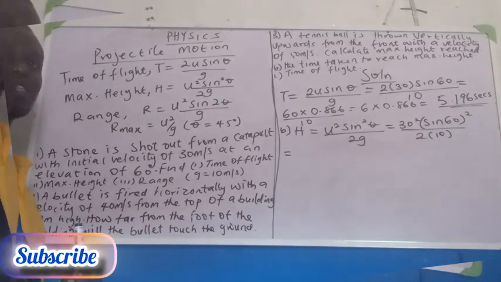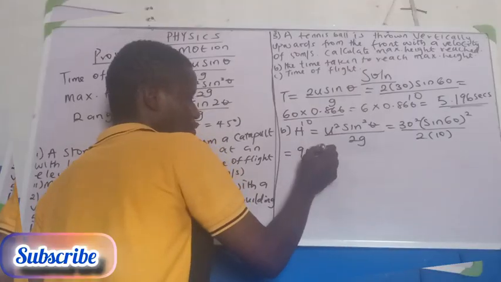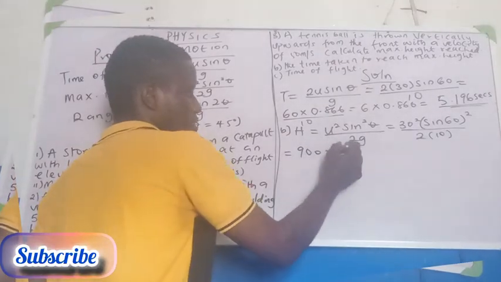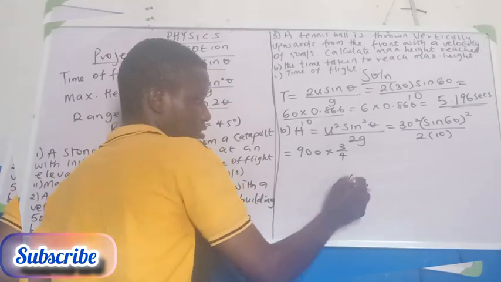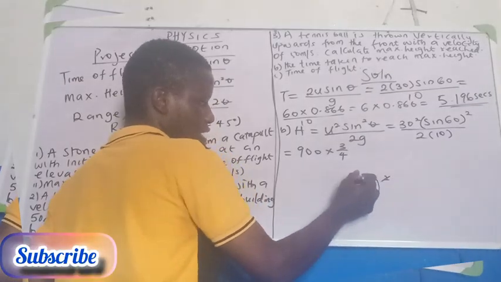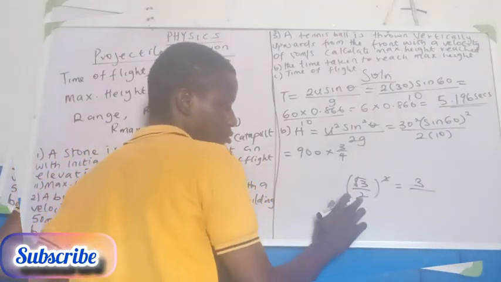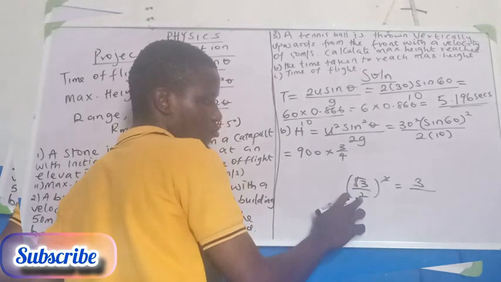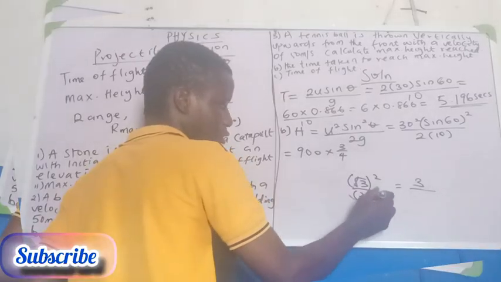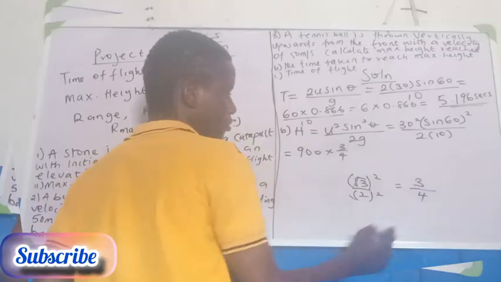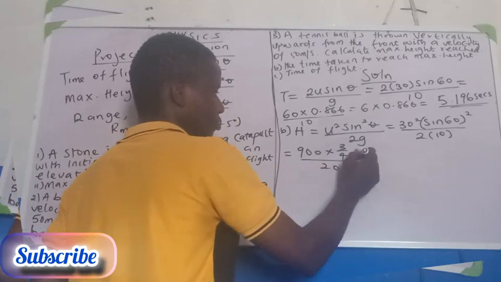So if I square it, of course, we're going to get 900, and 3 over 4. Squaring root 3 over 2 gives 3 over 4. In the denominator, 2 times 10 is 20.